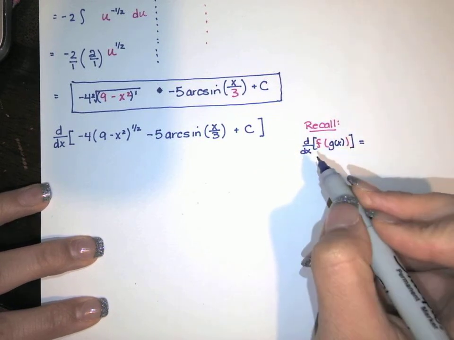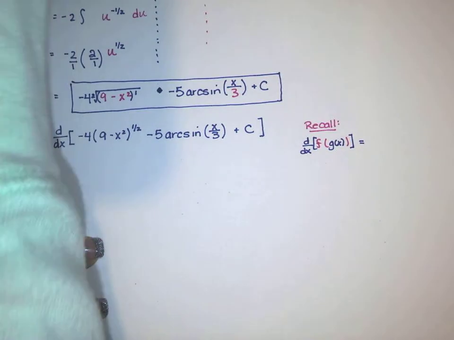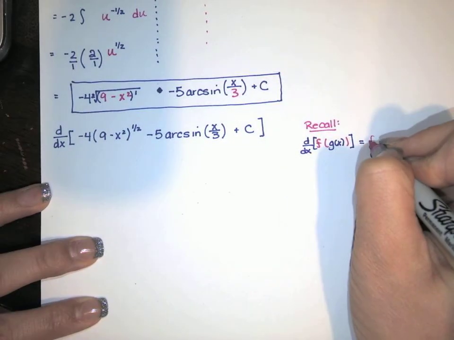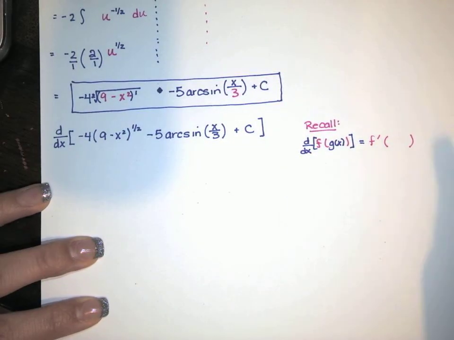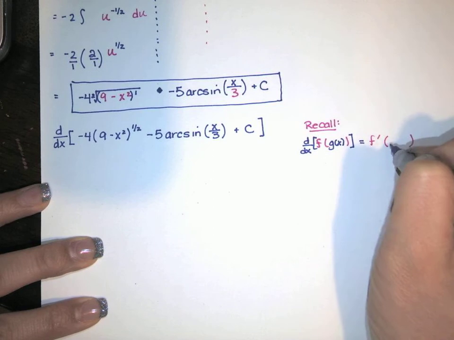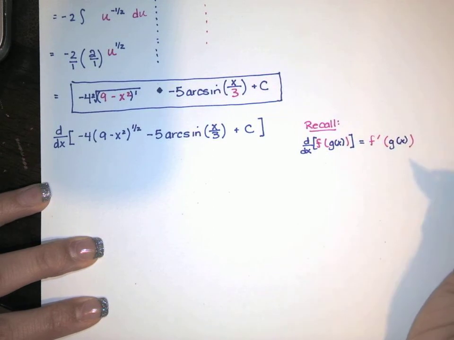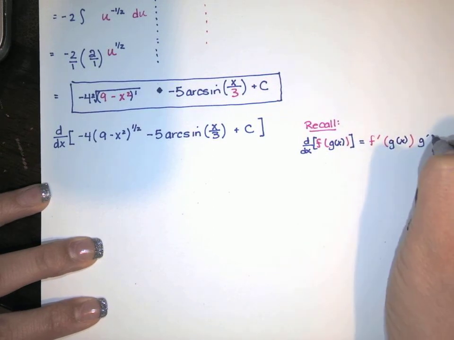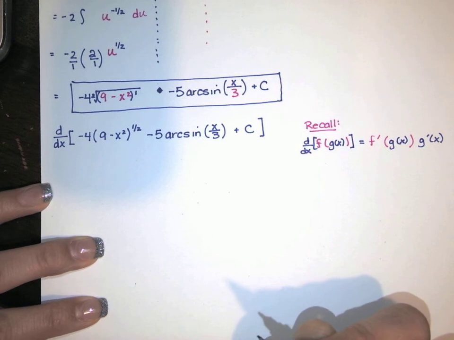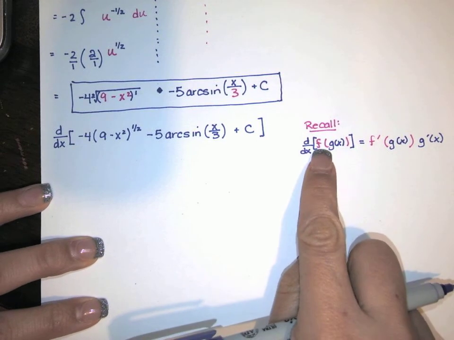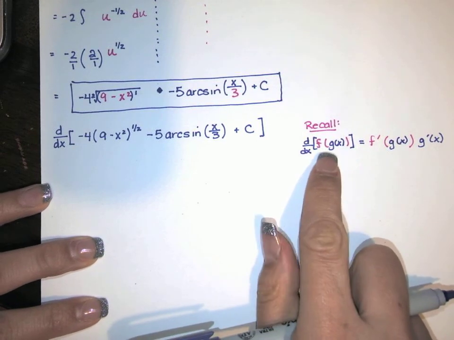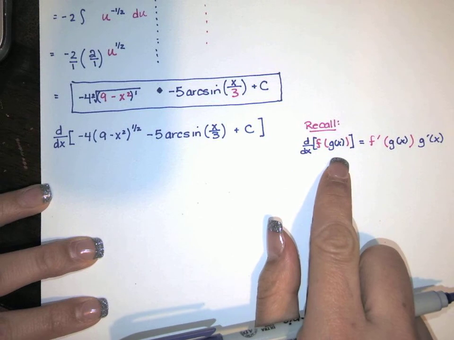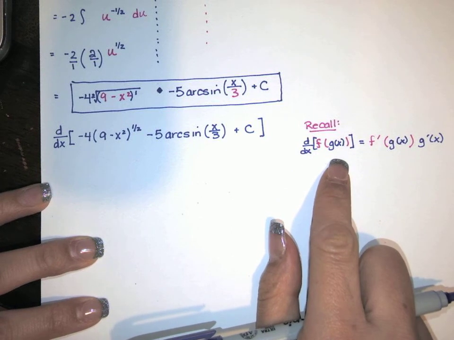I take the derivative of the outside function first. Whatever's on the outside, I take its derivative. I put the inside function back inside. I don't do anything with it. Just plug it back in. And then I multiply by the derivative of the inside. We're going to need that anytime we try to take the derivative of a composite function. So anytime you see a function nested inside another function, that requires the chain rule.